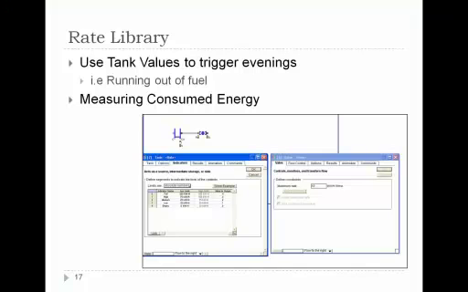Other ways of measuring inside of a ConOps model are with the rate library. In the rate library, tank values are used to trigger events, i.e. running out of fuel. In this example, we have a tank which contains 100 kilowatt hours of energy, and we can see that the indicators here are full, high, medium, and low.